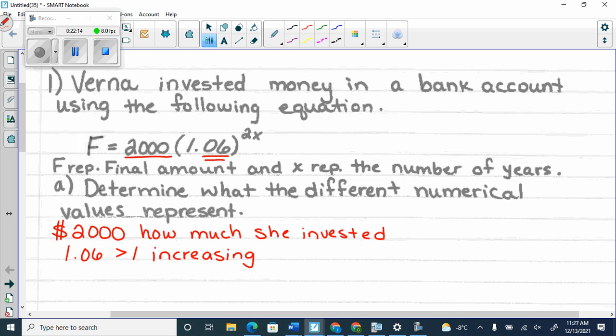Remember with compound interest? You do final equals initial, bracket 1 plus the interest rate divided by CP, and then n times CP, correct? Well, I have 2x here, don't I? So what is CP? In this equation, CP is 2, correct? So if my answer is actually 0.06, what was it? 12%, because I divided by 2, correct?